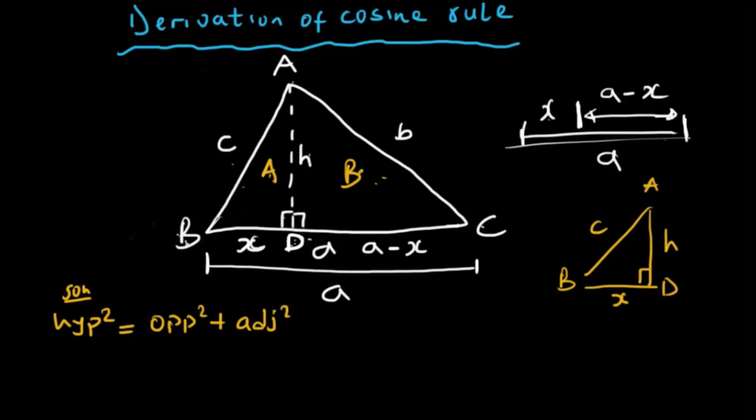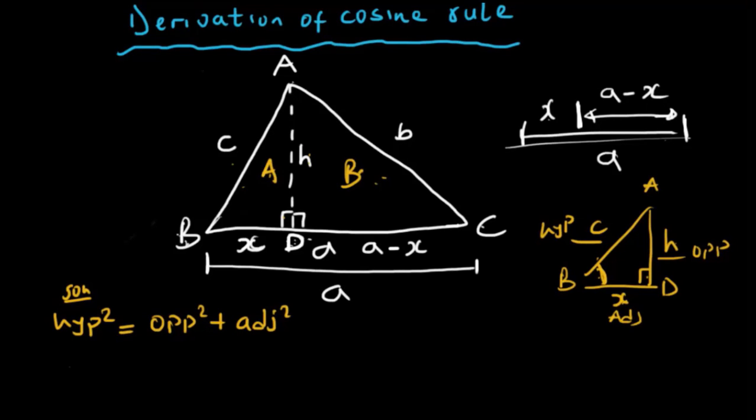I hope you remember this perfectly. In this case, the side facing the right angle is the hypotenuse. So this is the hypotenuse. If our angle is here, the side facing the angle is the opposite, and then this place would become the adjacent. Does that make sense?